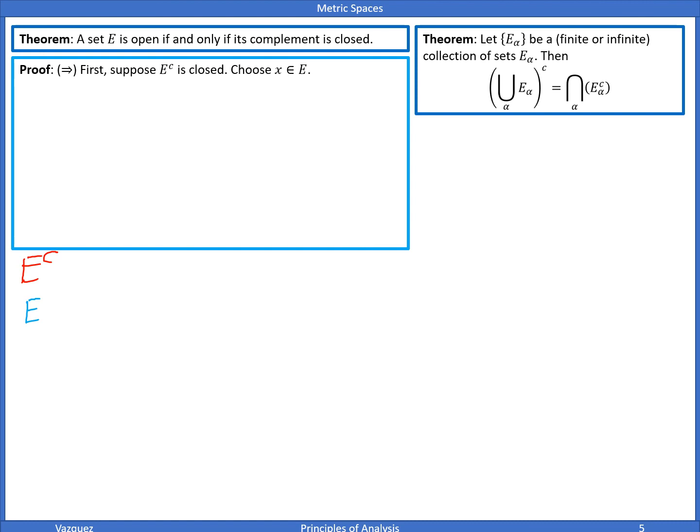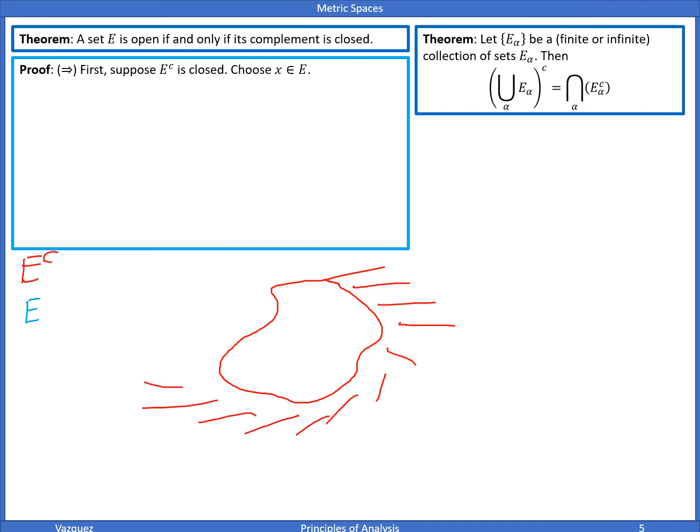So let me draw a picture. E complement is everything outside, all this. E is everything inside right here, but it's dotted because actually we don't know that it's dotted, but I'm just going to draw it dotted because I already know how this proof works out.